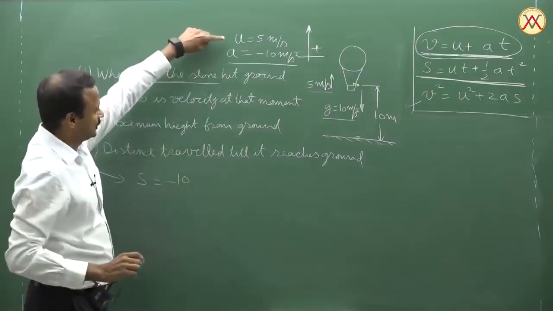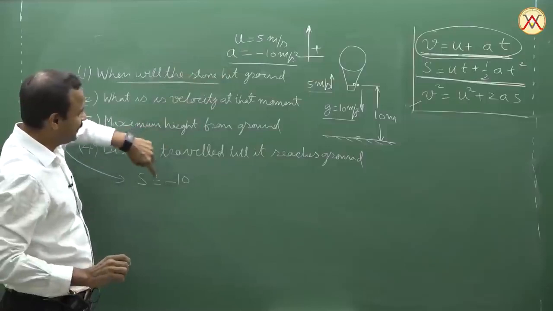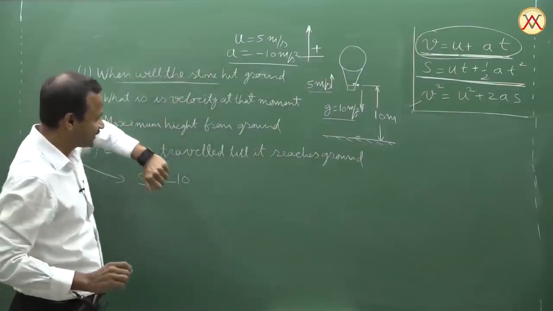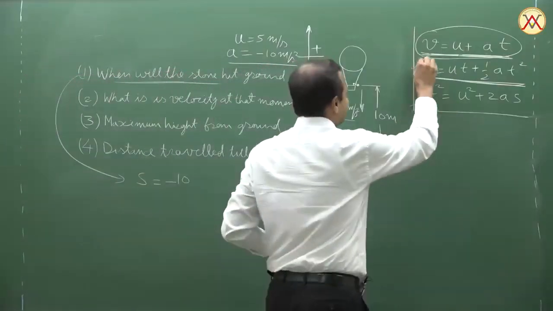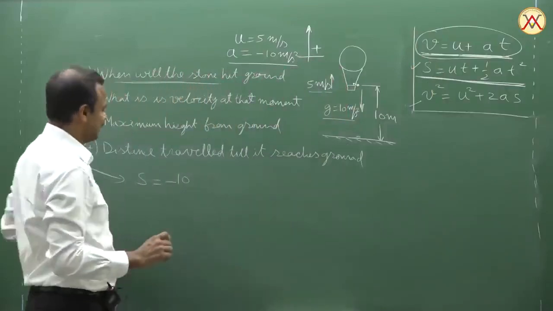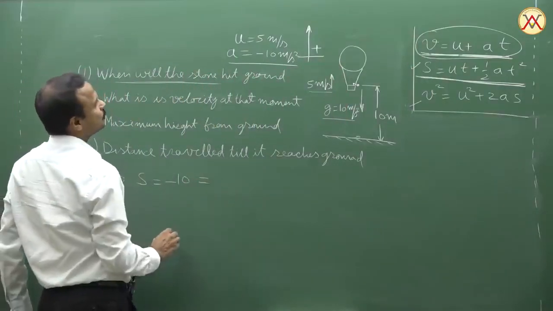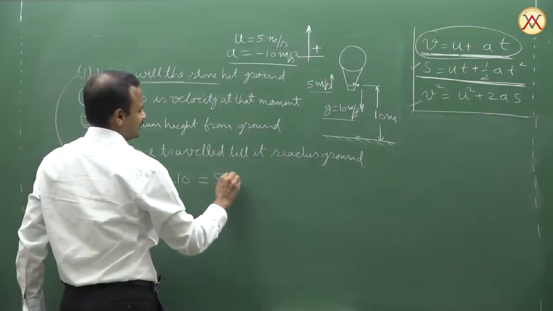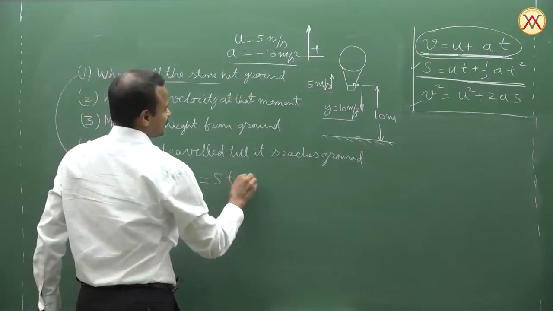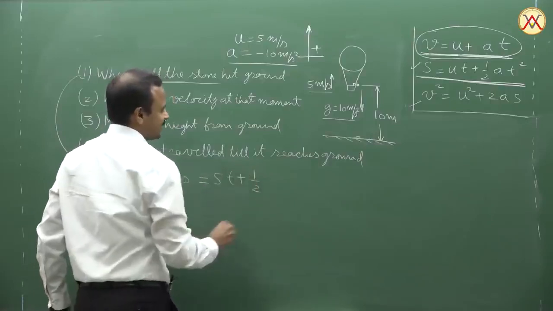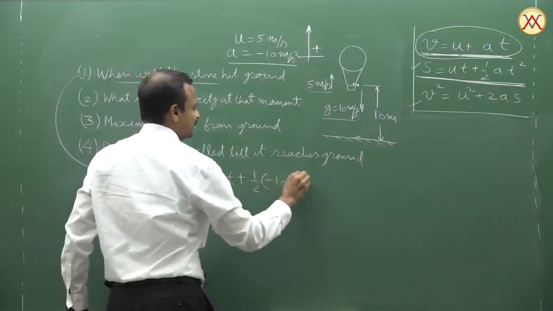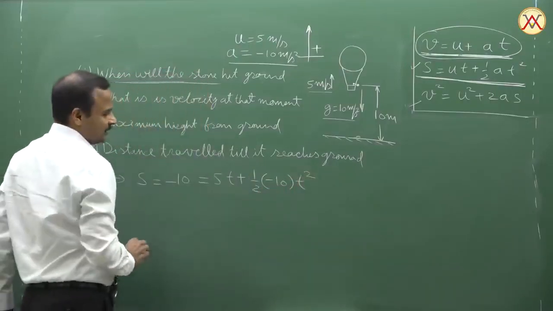So let us put u, a and s in the second equation and solve for t. So it becomes minus 10 is equal to 5t plus half, acceleration is minus 10, t squared.